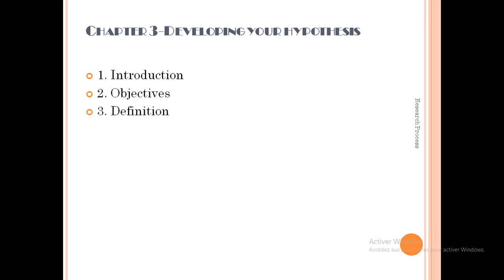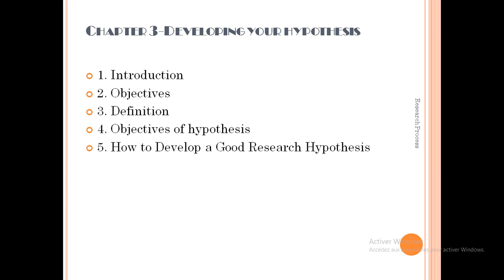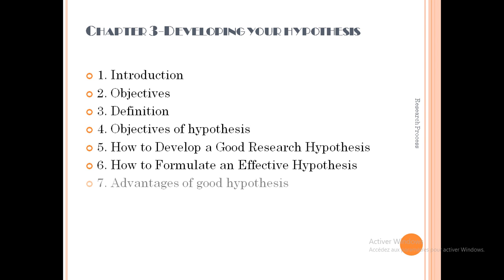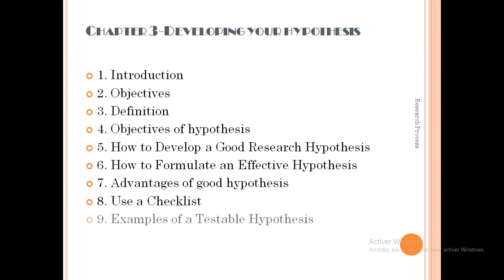In this section, we define what is a hypothesis, what are the main objectives of having a hypothesis, and how to develop a good hypothesis, also how to formulate an effective hypothesis, what are the main advantages of a good hypothesis, and also you are supposed to be given examples of such hypotheses.